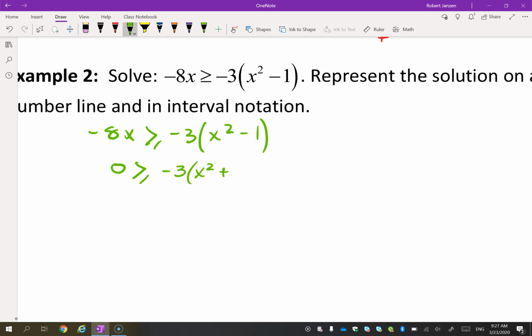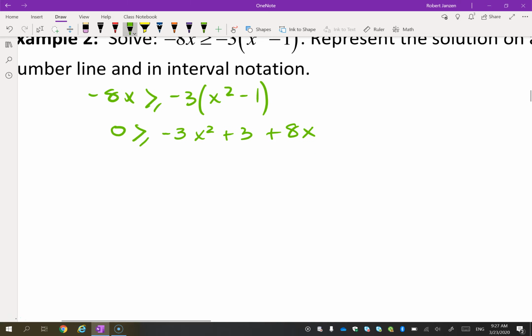So I have negative 3x squared plus 3, and then I'm adding the 8x. Okay, so 0, negative 3x squared plus 8x plus 3. So quickly let's factor that.